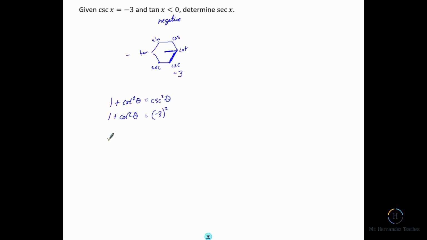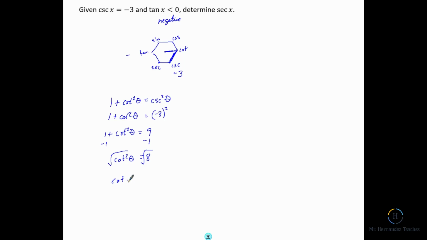Let's go ahead and solve for this. 1 plus cotangent squared theta equals 9. Subtract 1 on both sides, and I get cotangent squared theta is equal to 8. If I want to figure out what cotangent is, I just need to take the square root.